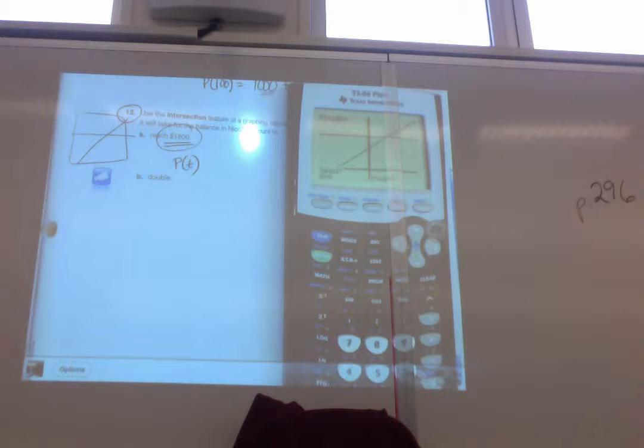Need that other line. Oh, there we go. Kind of. Okay, now try to intersect. I think I see it right there. Try the intersect feature. Okay, good. Now the second thing you need is this number, 1600. Now go graph.